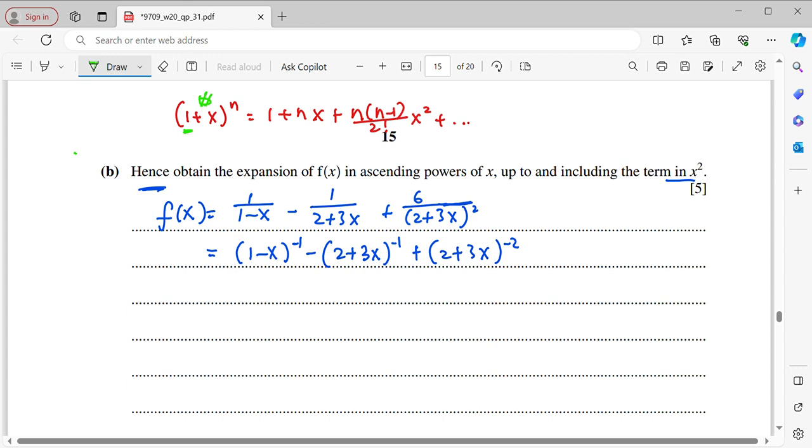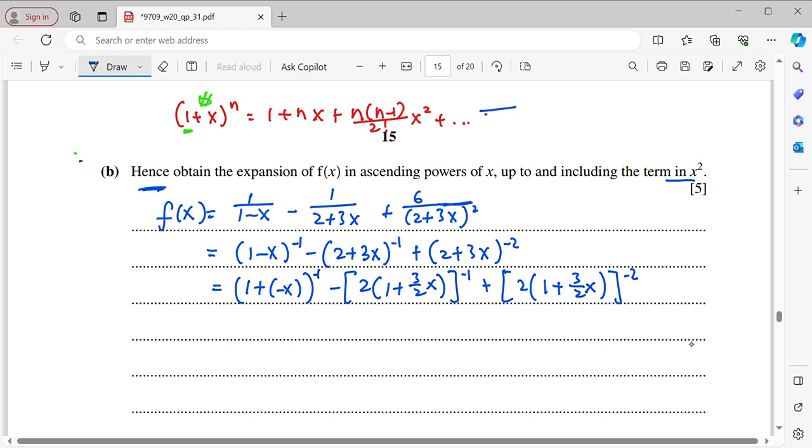Alright, so now when you look at the first bracket, it is 1 minus x. Therefore, I will rewrite this into 1 plus negative x. You are given (2 plus 3x) to the power of negative 1, so I will factorize the 2, because our purpose is to get 1. So here is going to be 1 plus 3 over 2 x to the power of negative 1, and factorizing the 2, 1 plus 3 over 2 x to the power of negative 2.